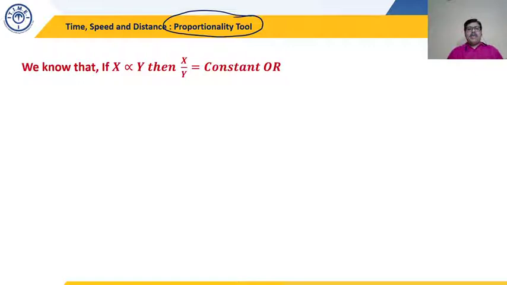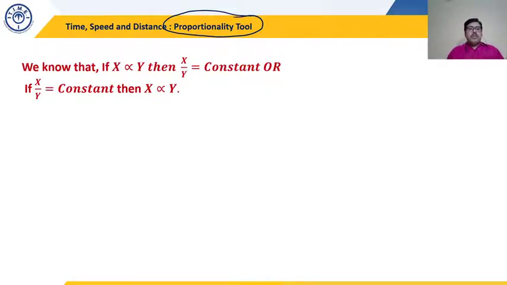The value of x upon y is always constant. Or the other way around, if x upon y is constant, then x is directly proportional to y. Can you say this is if and only if, correct? The converse is always true.